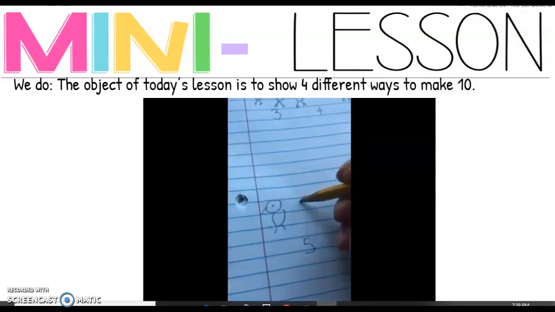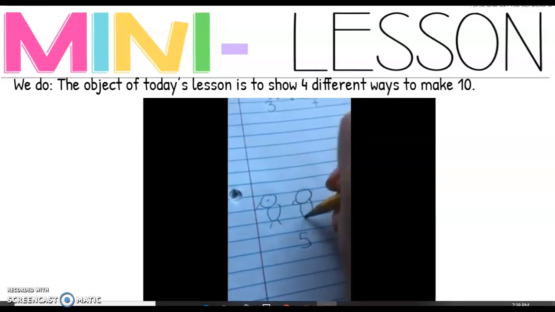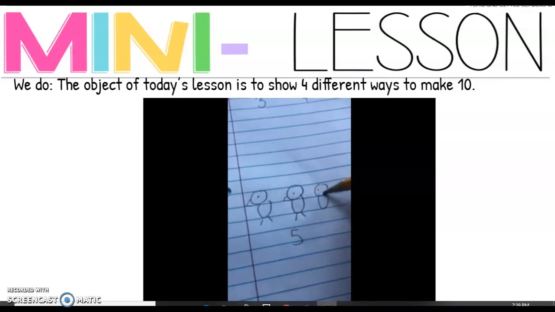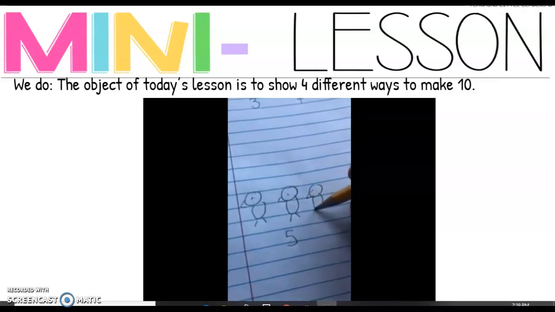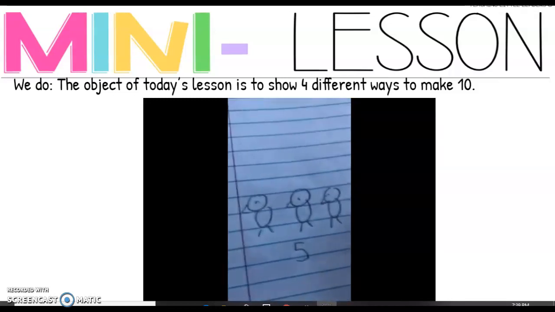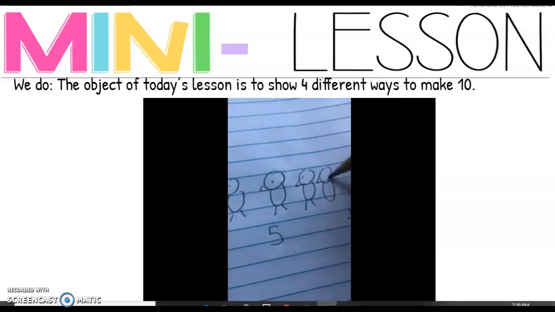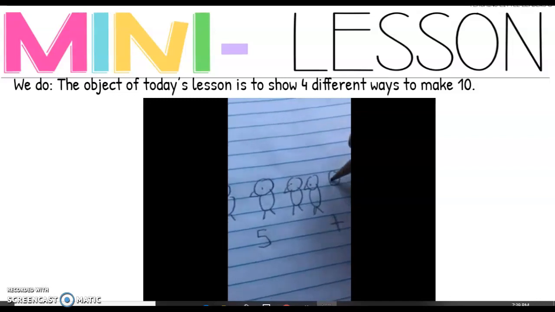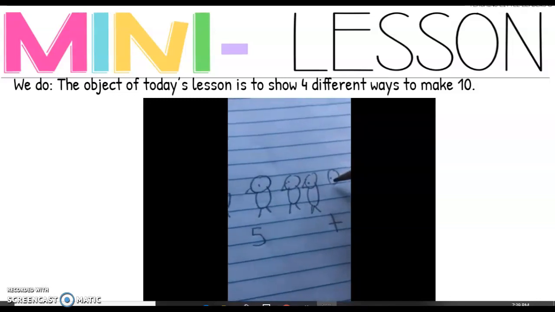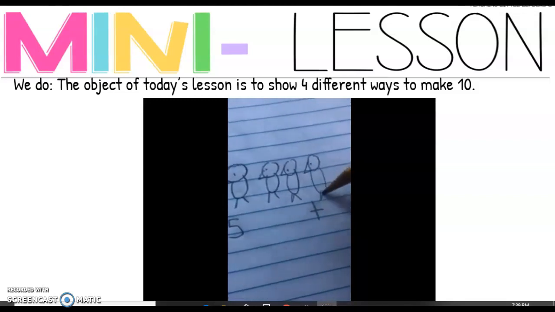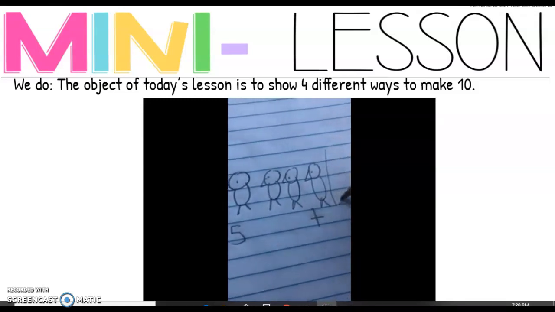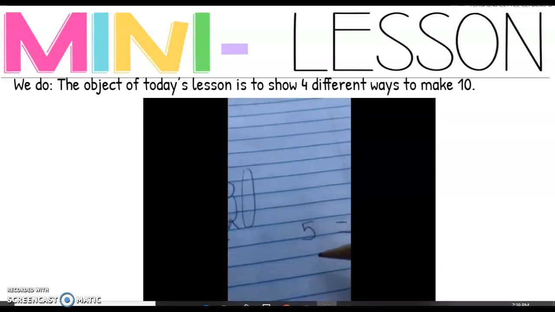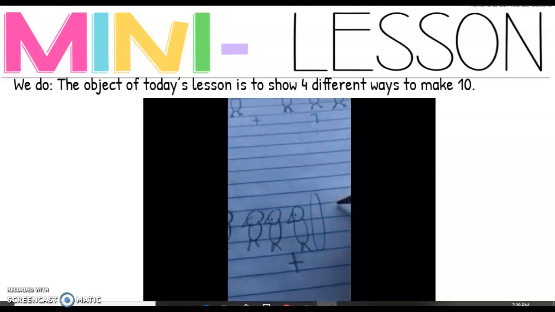Your birds don't have to be perfect, so just try your best. 2, 3, 4, 5. I'll draw my pretend little wire there, and then draw my 5 birds, my other 5 birds over on this side.